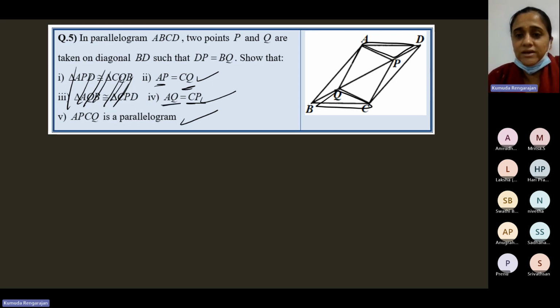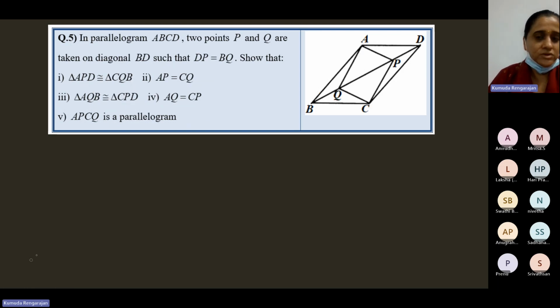You must take up this triangle which has AQ, then this triangle which has CP, and show that they are congruent. Then you should be able to figure out the information to suit a congruence rule.